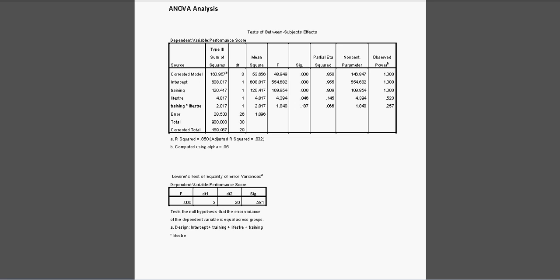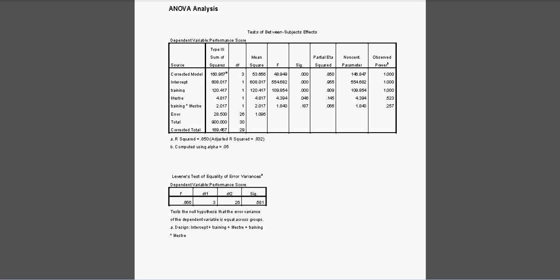But the interaction means that there's combinations. So maybe people who have low life stress benefit more from training. Maybe people who have high life stress benefit more from going to training. That's the interaction. So that's written as the mean of the no training low stress equals the mean of the no training high stress equals the mean of the training low stress equals the mean of the training high stress. So all four of those means would be equal to each other.